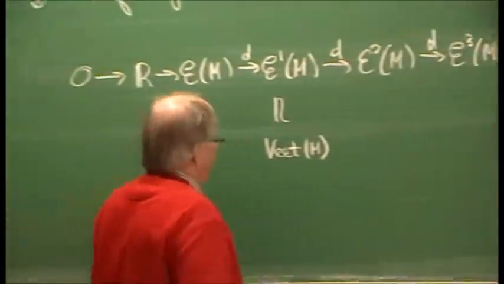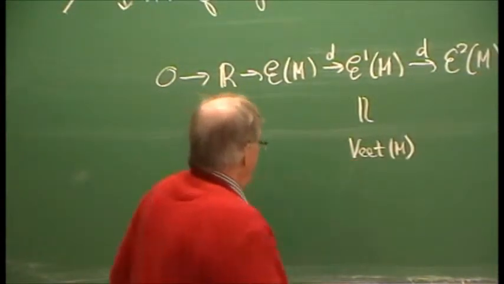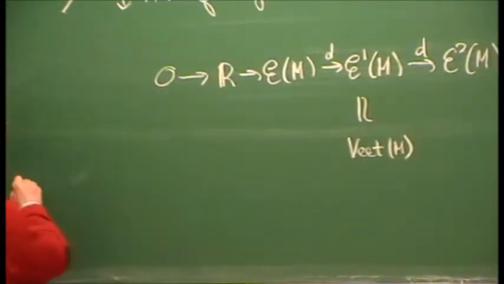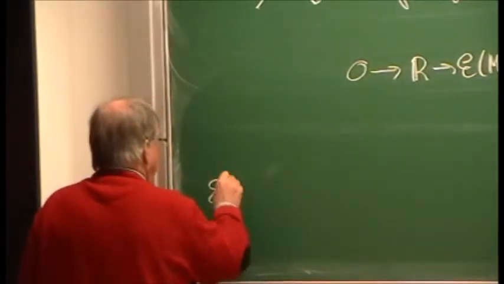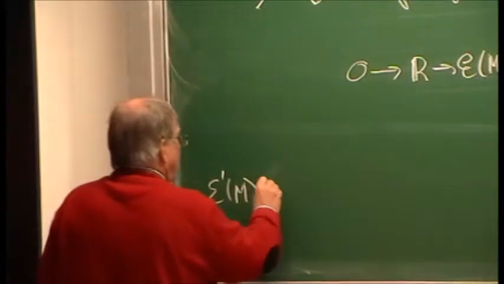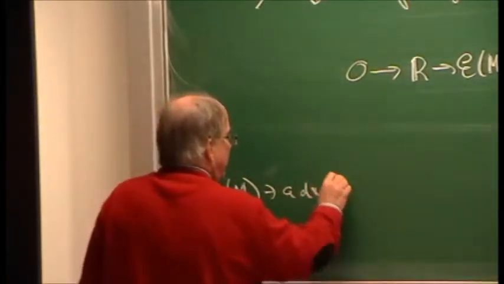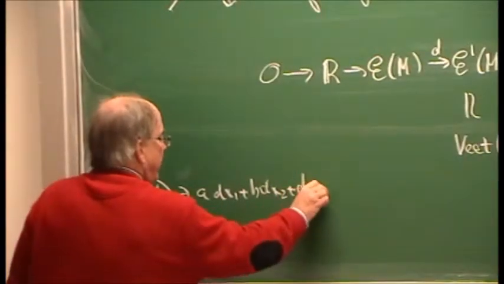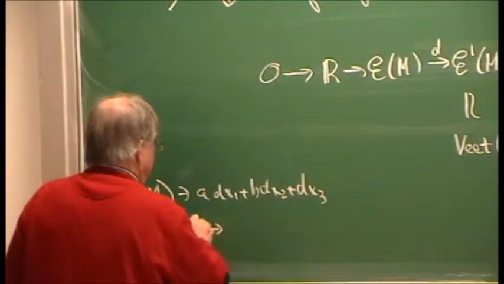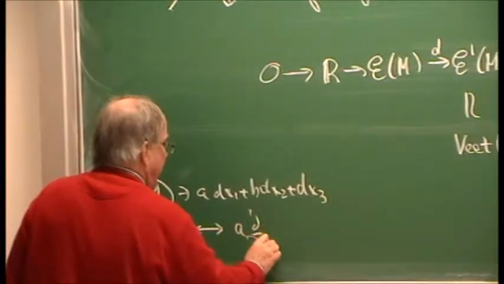So if you have a form, say A dx1 plus B dx2 plus C dx3, this gets mapped to the vector field A d/dx1 plus B d/dx2 plus C d/dx3.